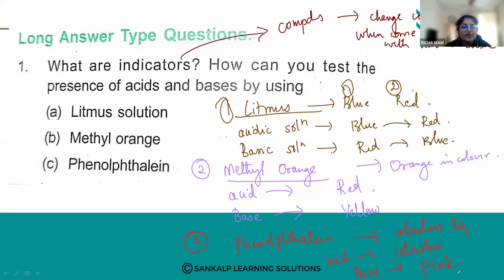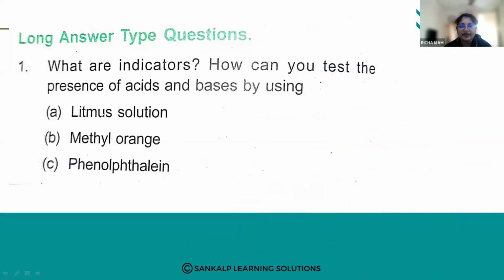If you have an acid solution and you put methyl orange to it, it will turn into red. If you have a basic solution, it will turn yellow. Phenolphthalein is originally a colorless liquid. When you have an acid, it will remain colorless. If you have a base, it will be pink in color. I hope it is clear. So you have to explain a bit. Fine? Okay.